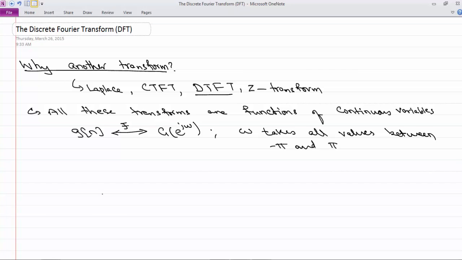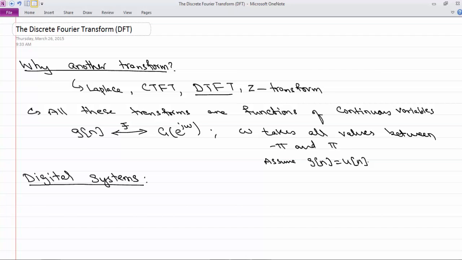And the other property that the discrete Fourier transform exploits is that, in our analysis we often write, okay, assume g[n] equals u[n], so a signal which stays one forever.